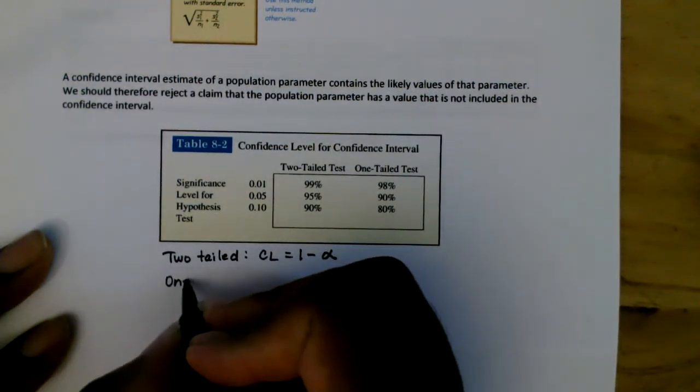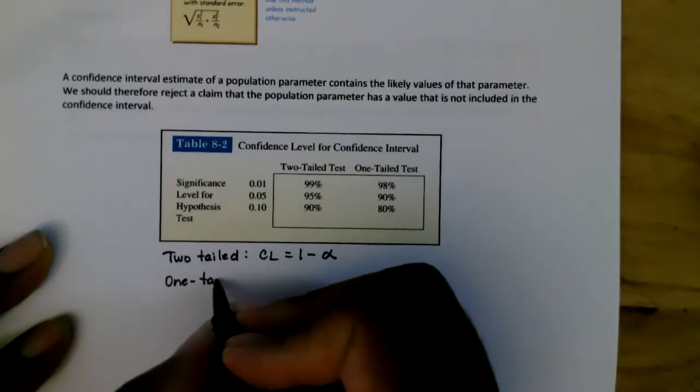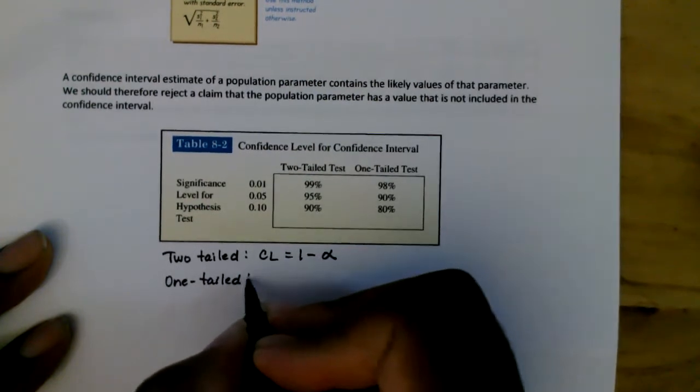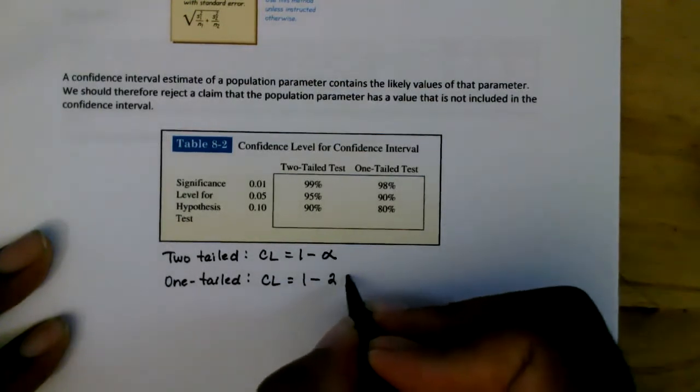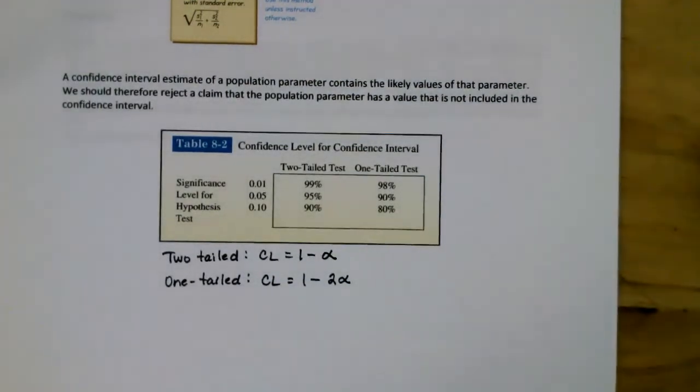But for a one-tailed test, whether it's left-tailed or right-tailed, to find the confidence level, you're going to do 1 minus 2 times alpha, or 2 times your level of significance, and you subtract 1 from it.